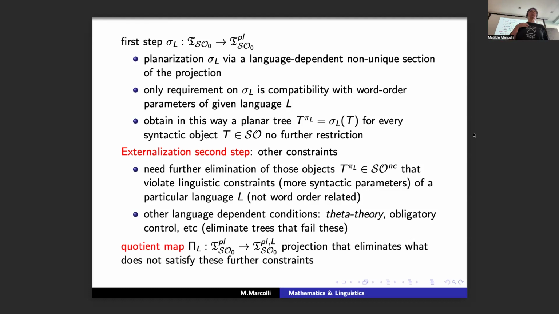I'll say a bit more about syntactic parameters, which are the way that linguists try to give coordinates that describe different properties of syntax. Some of them influence word orders, but some of them don't. This is a bit of an oversimplification, because there are a lot of relations between these parameters. Some parameters that apparently have nothing to do with word order can still, to some extent, influence word order. So it is indeed a bit of a simplification to separate these two.